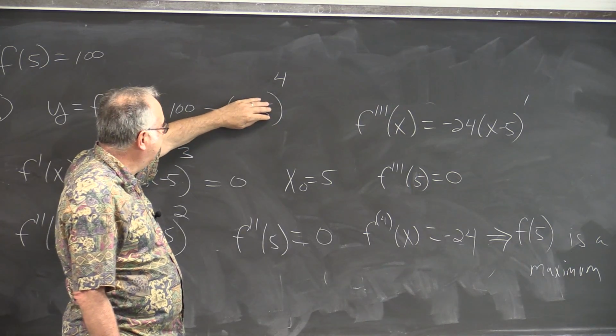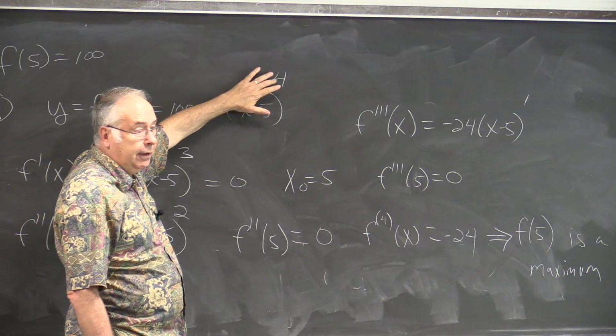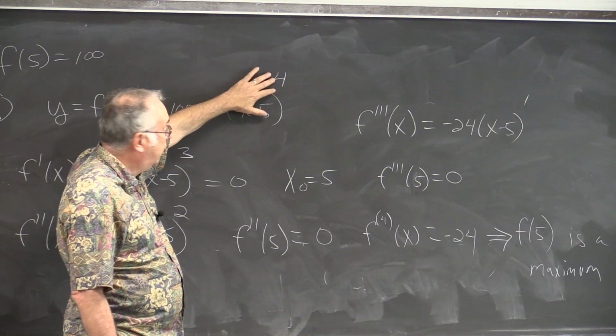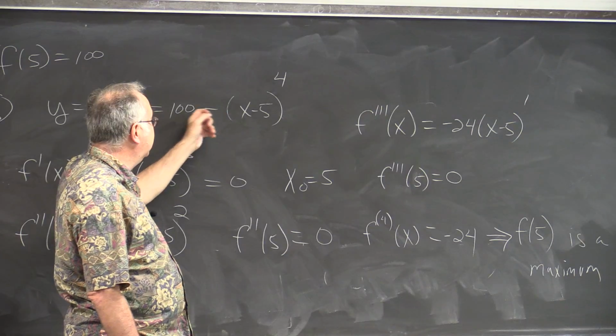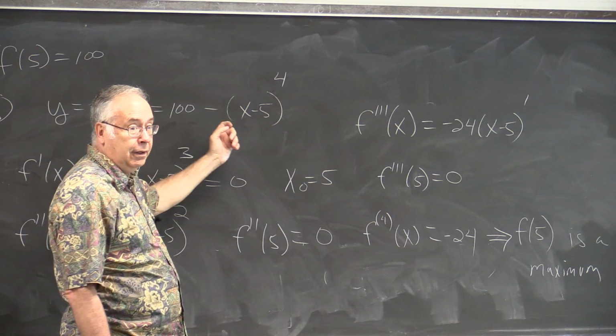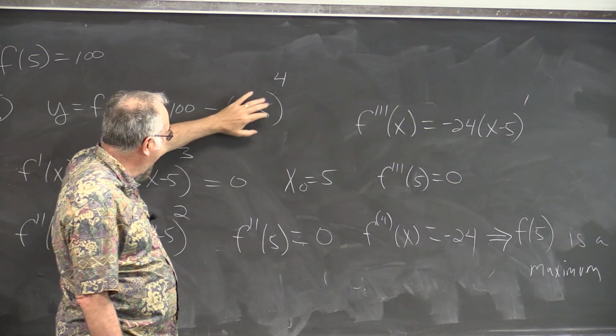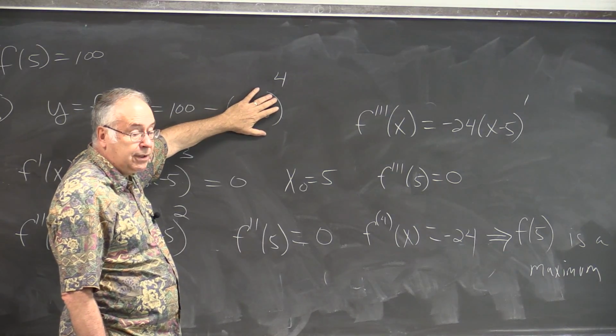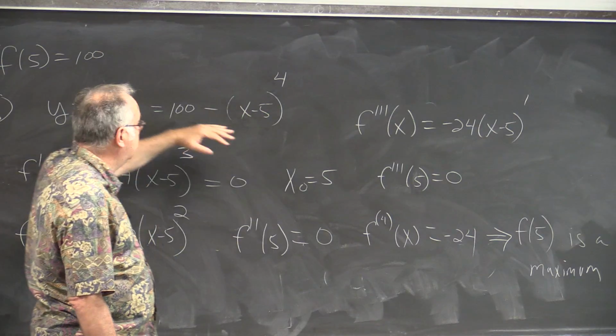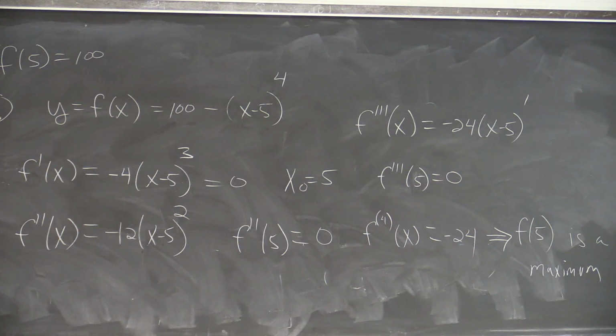If this were a negative number raised to the fourth power, that would be positive. A positive number raised to the fourth power is positive. And you're subtracting something from 100. So the maximum has to be at x equals 5 because that'll make it 0, so you won't be subtracting anything. So intuitively, you know the maximum is 100. And this is, of course, going to be a global maximum, not just a relative maximum.